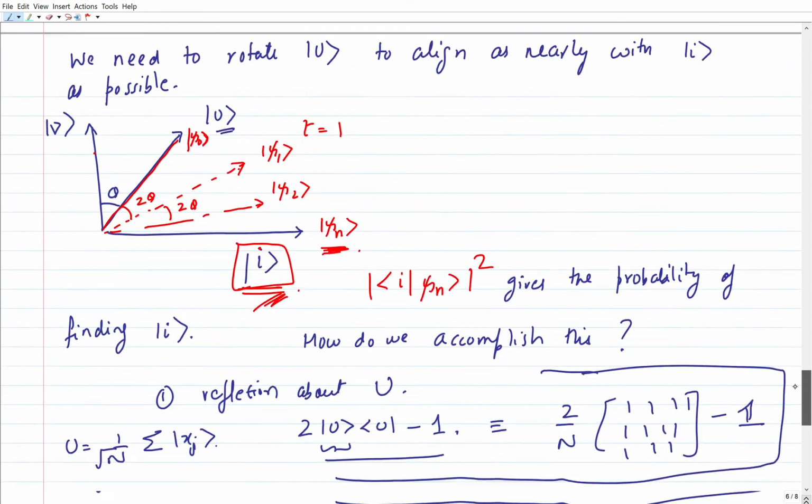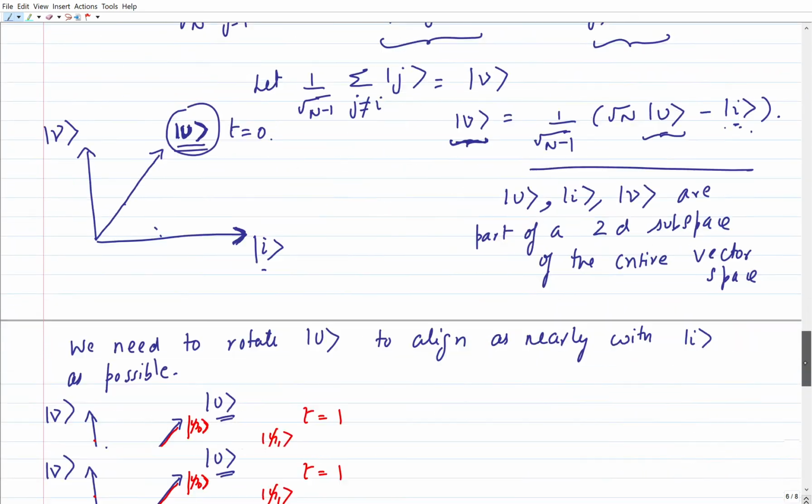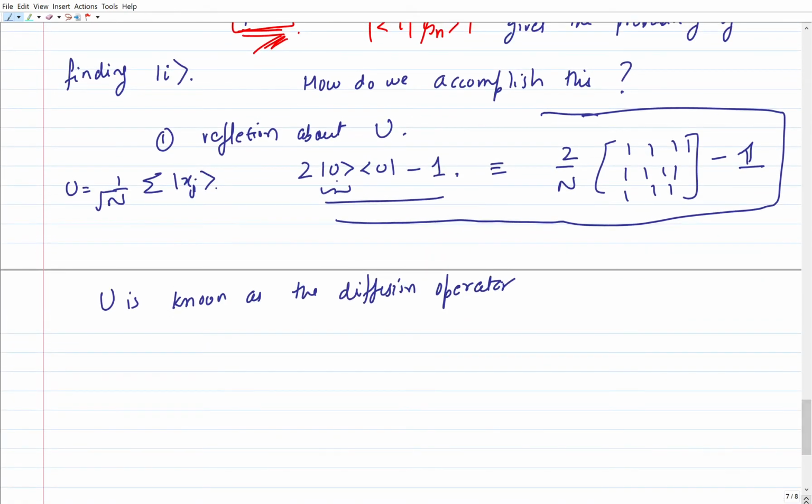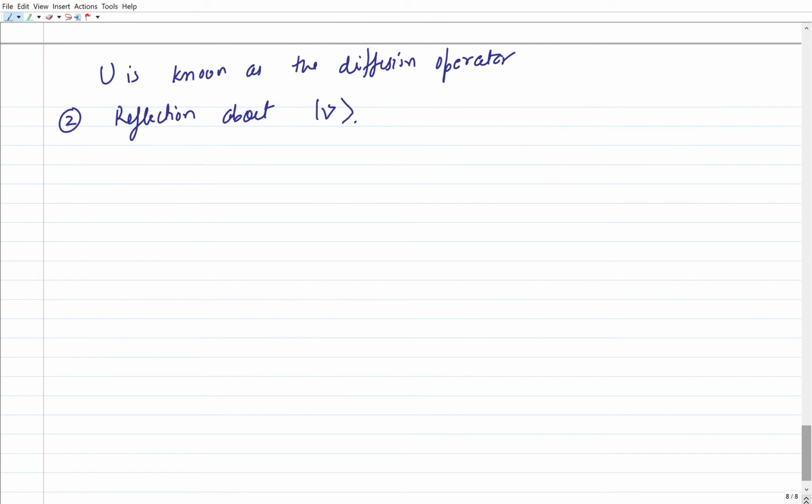Why is it called the diffusion operator? It just accomplishes a reflection about u, and the second step would be a reflection about, let's say, v, and that's going to be accomplished by, let me call it, RV.